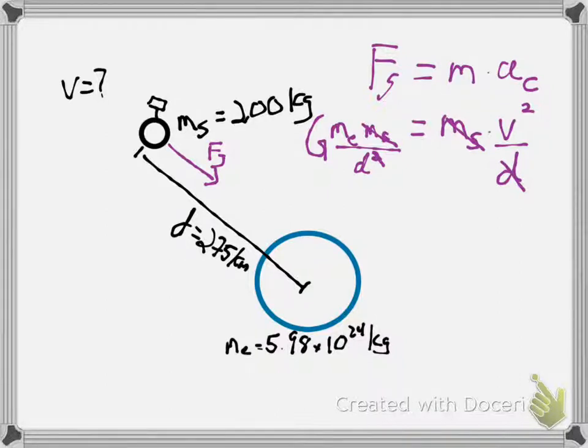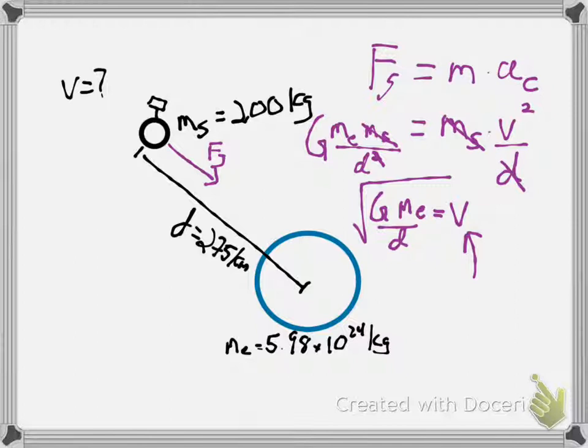And so now I can say that the speed equals the square root of the gravitational constant times the mass of the Earth divided by the separation. And then you'd plug in your numbers and you'd be able to find what the value of the speed is.